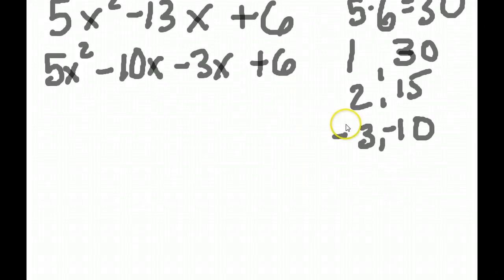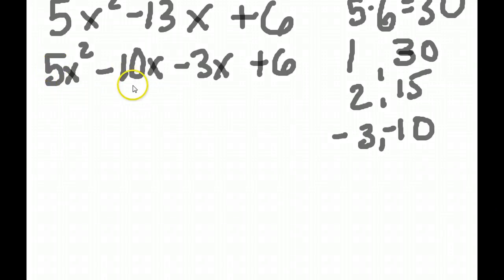Okay, so now that we've broken apart our middle term by multiplying our first coefficient with our last, figuring out which factors will add up to our middle term, we have 5x squared minus 10x minus 3x plus 6. So let's group this in a way that we can start pulling things out. So we have 5x squared minus 10x.